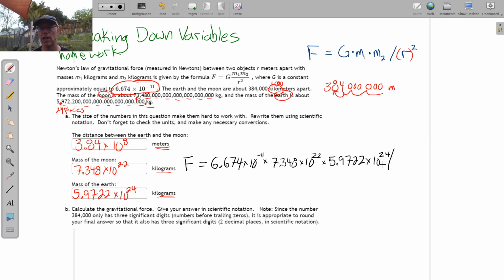Then I'm going to divide, and I'm going to use an extra set of parentheses because this number is complicated and the whole thing needs to be squared. So I'm going to have a parentheses for that and then square it.